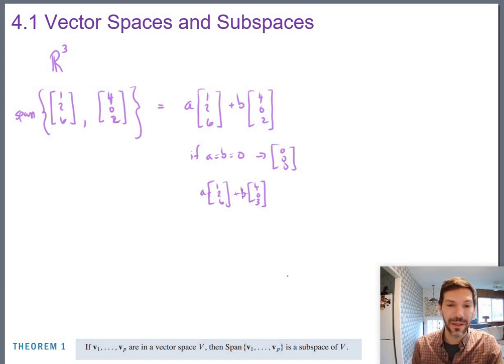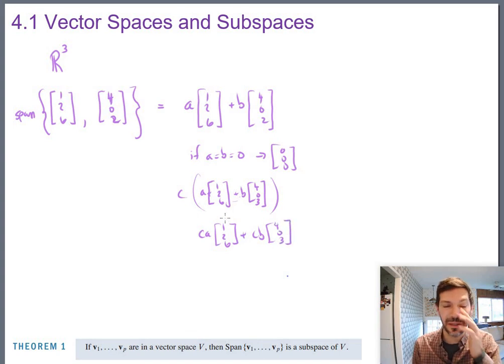And yeah, no matter what A and no matter what B, that's the definition of span, right? So adding something like that to something else like that still gives you something like that. I know, all the technical terms, don't let that lose you. And finally, if I multiply something like this times a new constant, I still get something in that form. I get a constant times one, and I get a constant times the other. I still get something that's in the span.